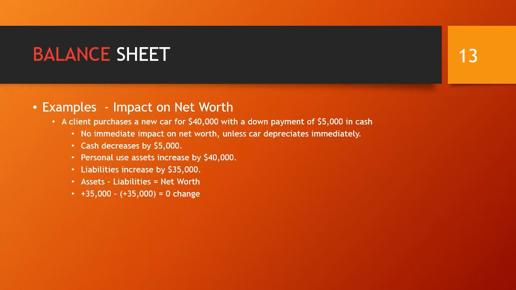And so cars start going down in value, right? They depreciate. And so what that means is we would record the car at something less than $40,000. Let's say, I don't know, $38,000. And that means total assets would only increase by $33,000, but liabilities would increase by $35,000, and our net worth would go down by $2,000.